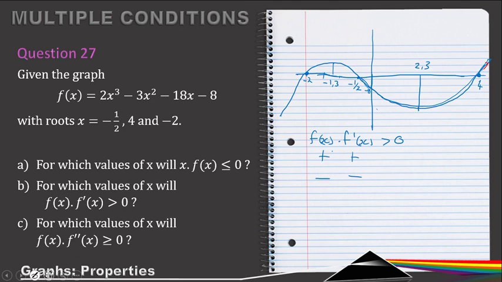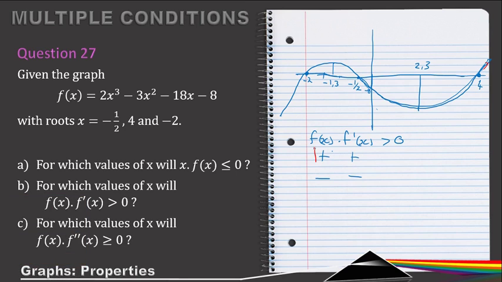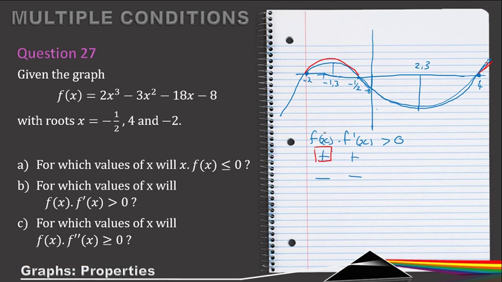Alright, so let's start with the positive values. Now for the function to be positive is over here and over here. That's where my graph is above the x-axis. And then where is the first derivative positive? That means where's the slope going up?